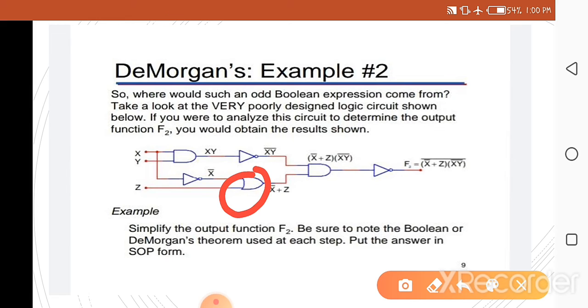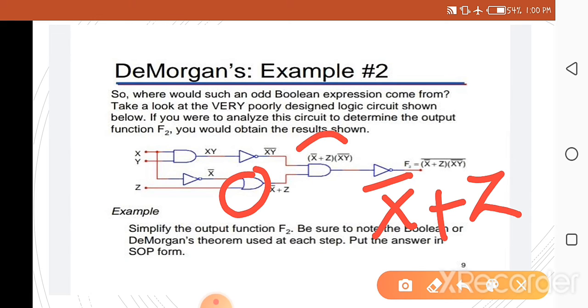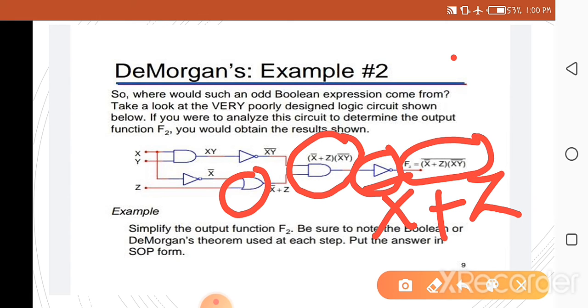In the OR gate, which performs the addition operation, the output is x bar plus z. These outputs are then applied to an AND gate performing the dot operation, and the result passes through an inverter.